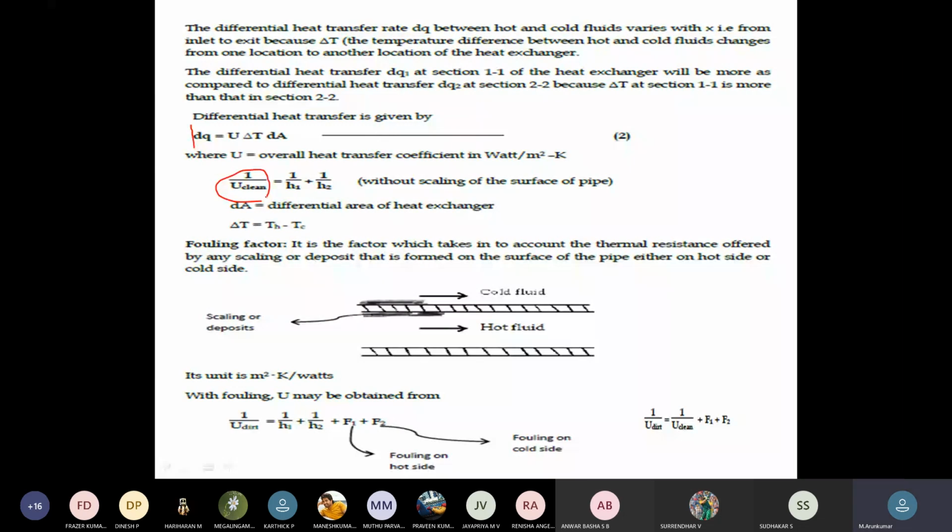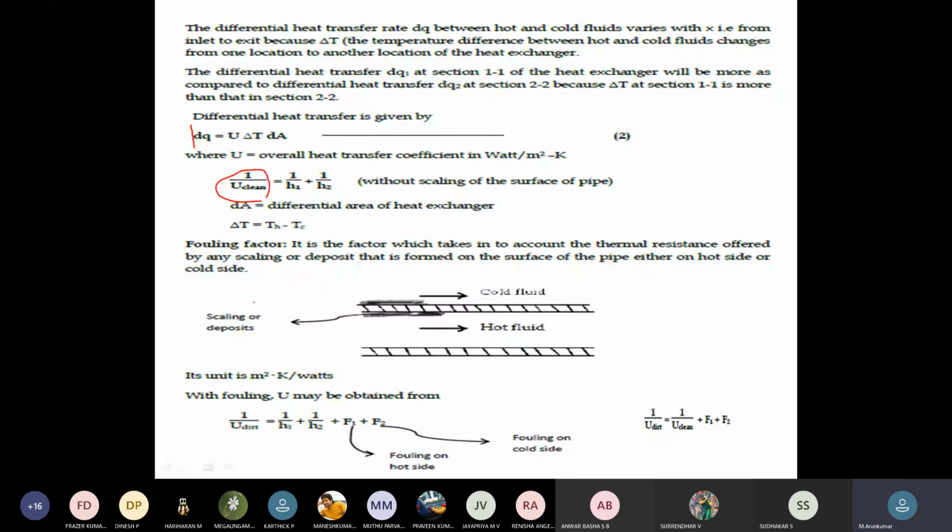Scaling will happen in steel pipes or any metal pipes because of oxidation. So if the pipe is clean, we can have this equation: 1 by U clean will be equal to 1 by h1 plus 1 by h2.